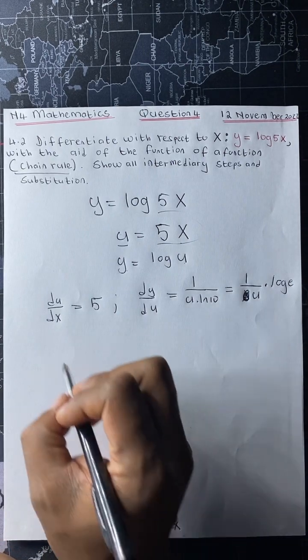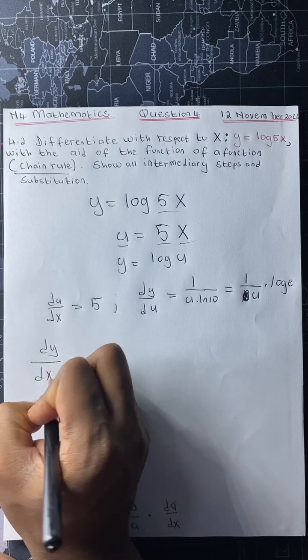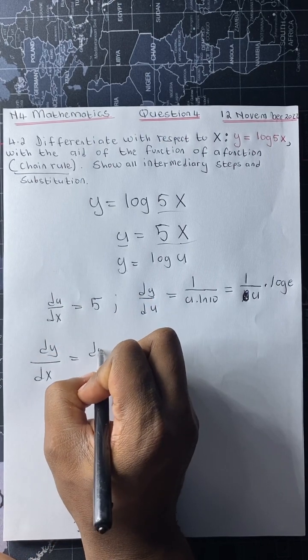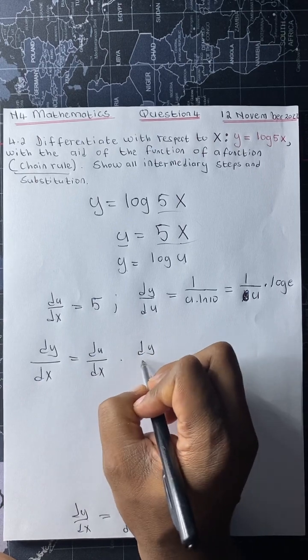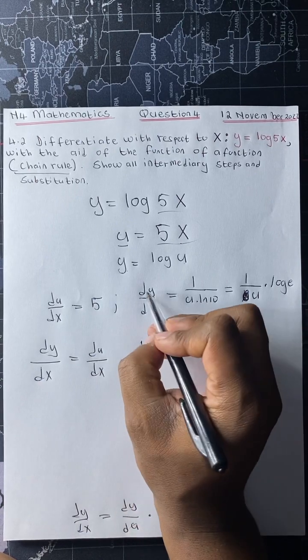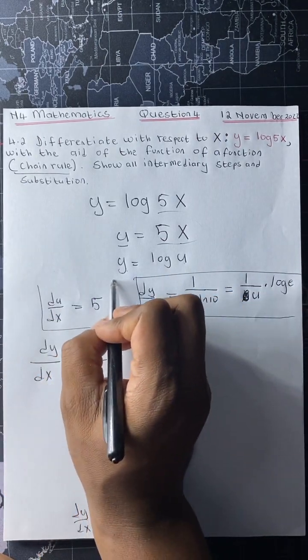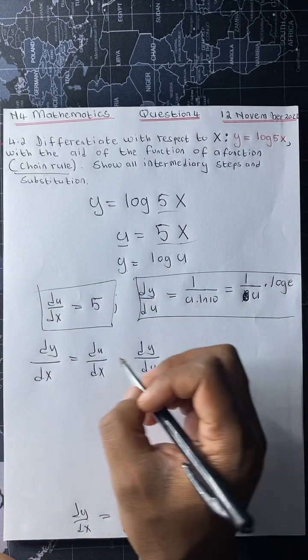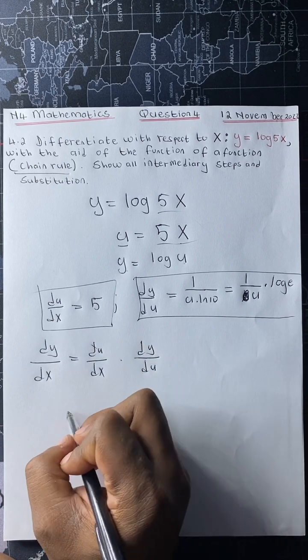So to determine dy over dx, we simply have to multiply the du over dx with the dy over du. As I already said, that du is expected to cancel out that du.